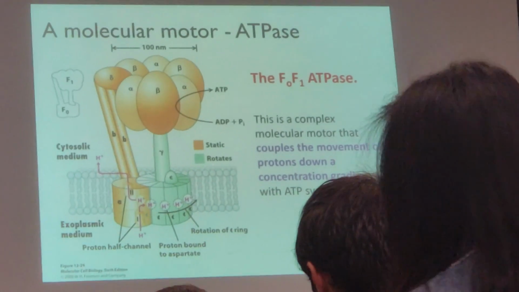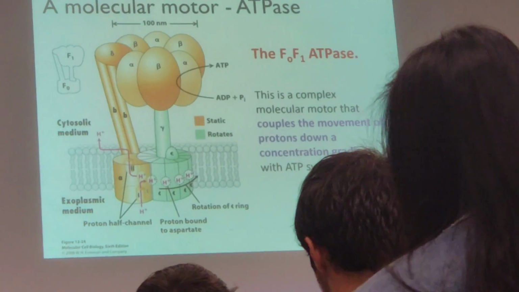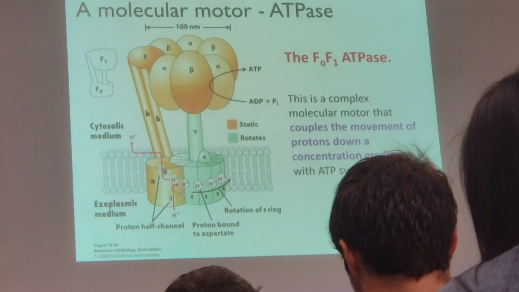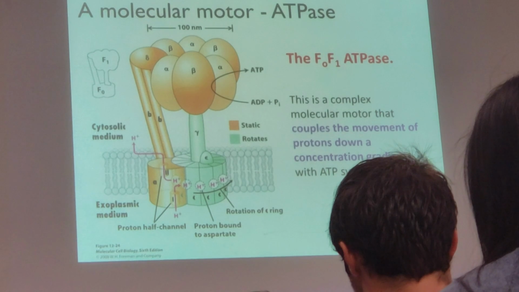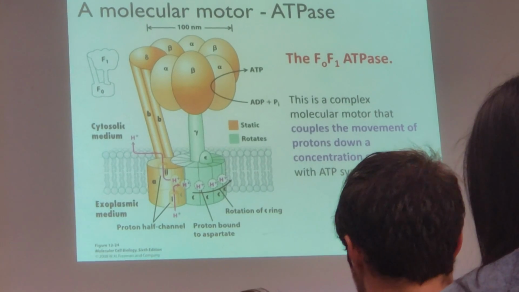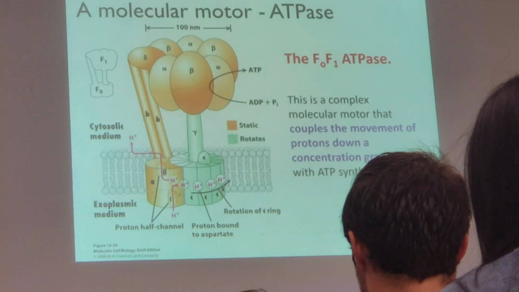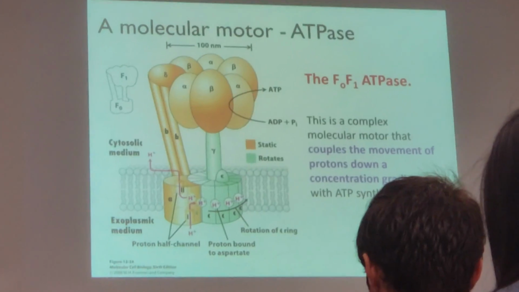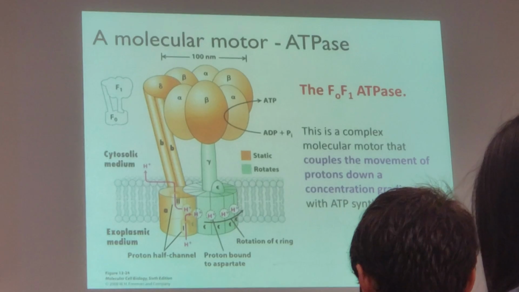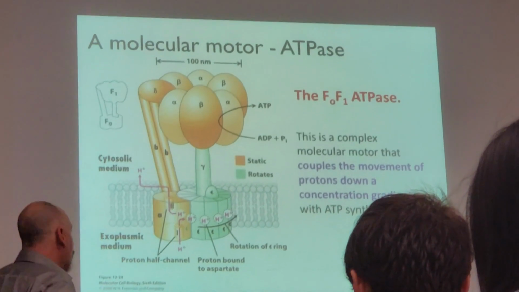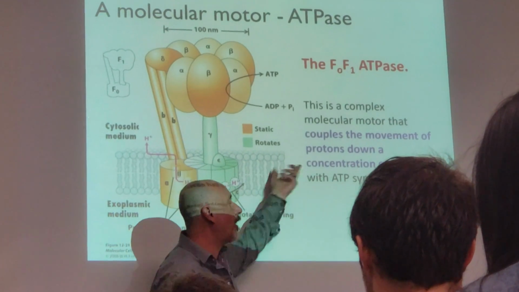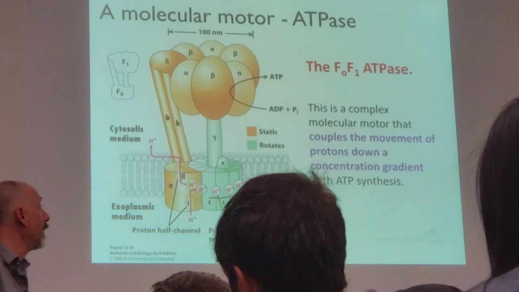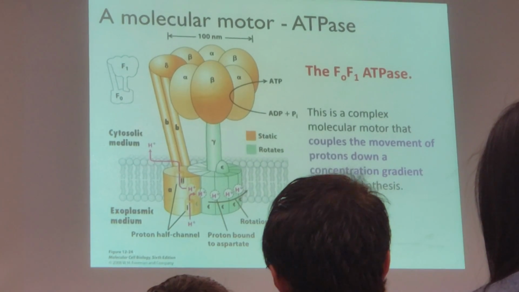What we said last class, in dealing with how I use ATP to drive unfavorable reactions, the same applies to synthesizing ATP. I have to couple it to something energetically more favorable than what I require. The critical thing here is coupling it to the movement of protons down a concentration gradient.